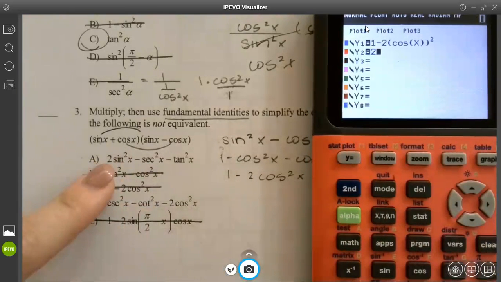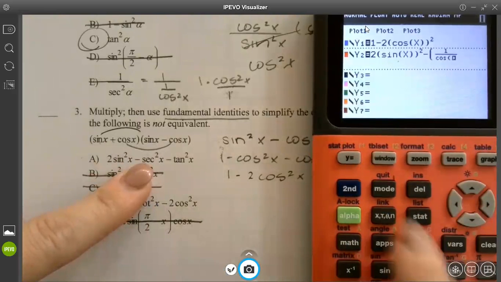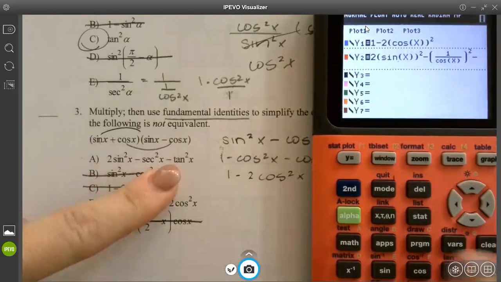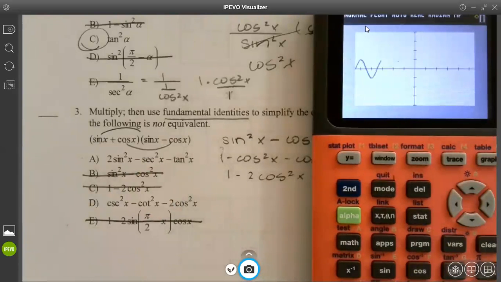So A is 2 sine x squared minus, how do I do secant? 1 over cosine x squared minus tan x squared. What's happening?